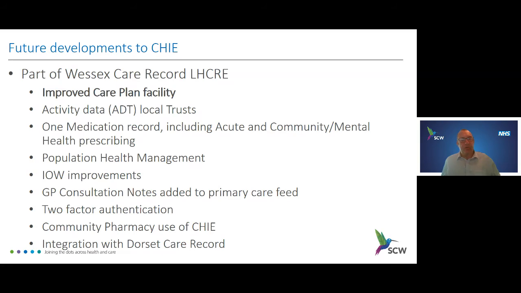So we're involved in providing data into the population health management tool. So that's both at a macro scale to enable systems, health systems, STPs and ICSs to plan care in the future, but also at a sort of individual patient level to be able to identify patients at risk.